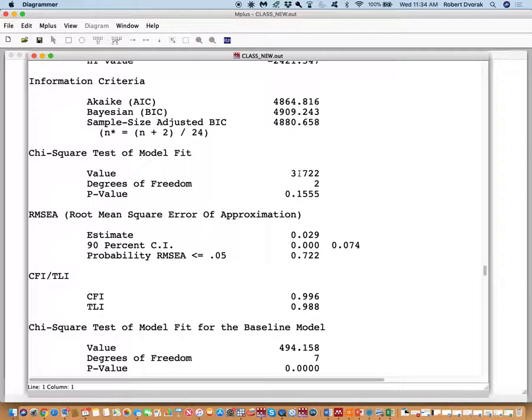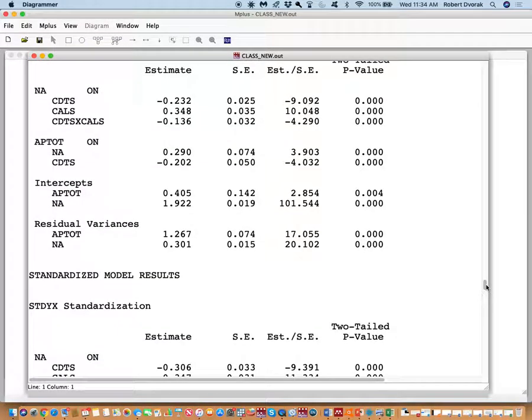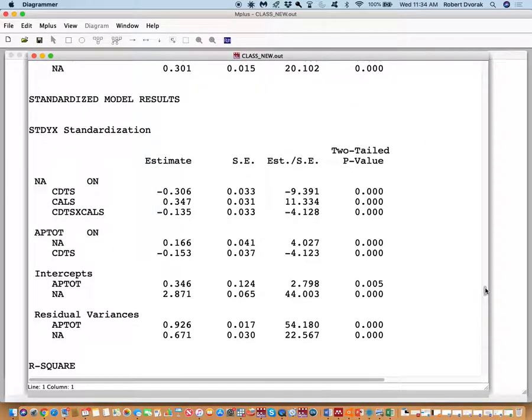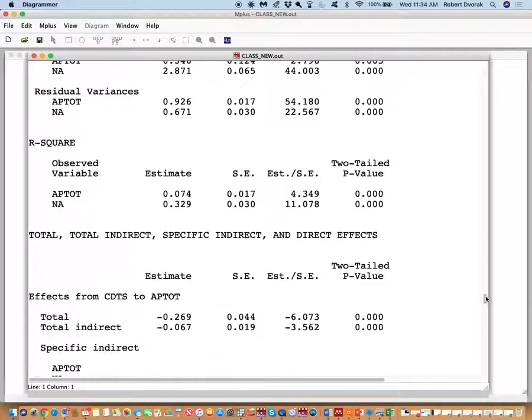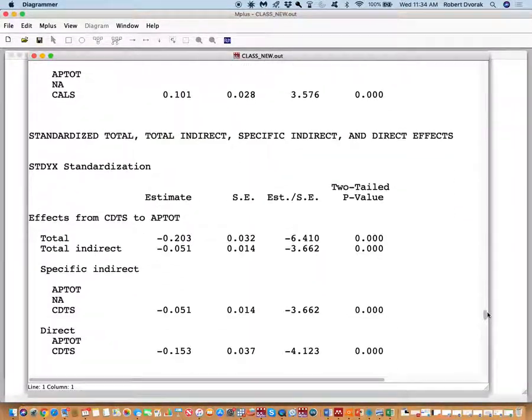I think before this was like 3.1, now it's 3.7. All of this stuff is fairly close. The parameter estimates will be exactly the same. Standard errors will be a little bit different. You still get your standardized, and you still get R square, and you still get all of your indirect effects.